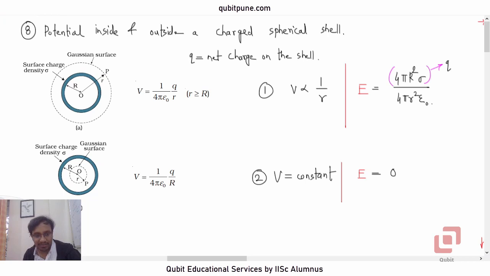You can see that small r here is replaced by capital R. Capital R refers to the radius of the thin spherical shell.